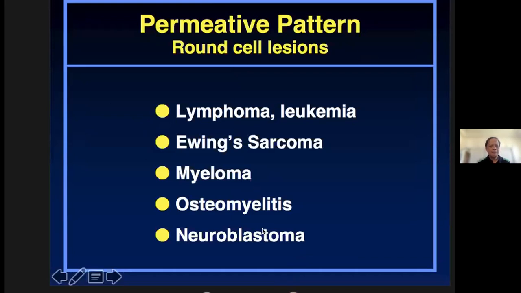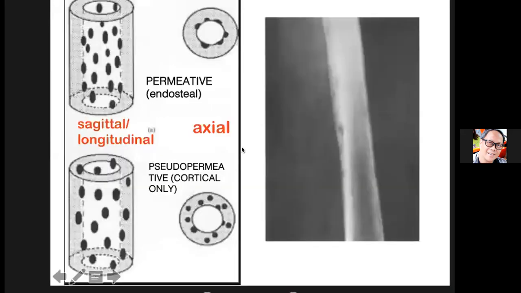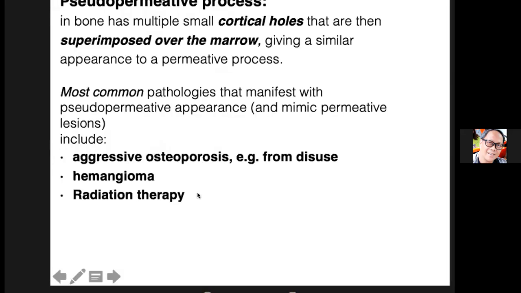So some examples of permeative lesions: lymphoma, Ewing sarcoma, myeloma, osteomyelitis, and neuroblastoma. Okay, be mindful of the fact that there is also what is called a pseudo permeative process, a false permeative process. This type of lesion, that's why the term is pseudo, because it's a false permeative.